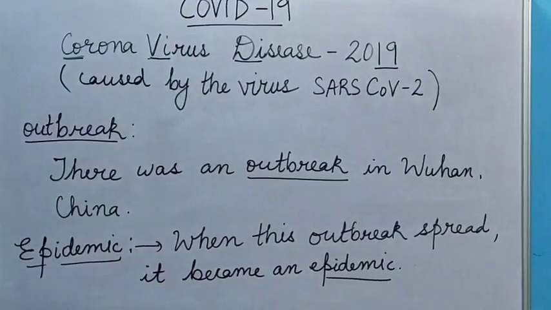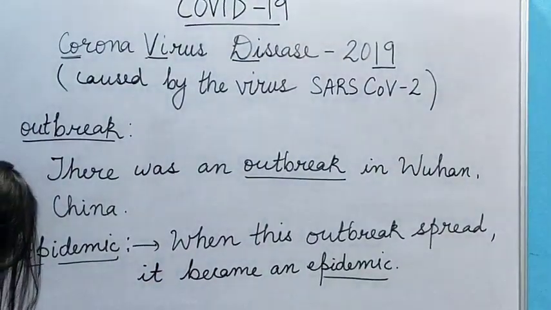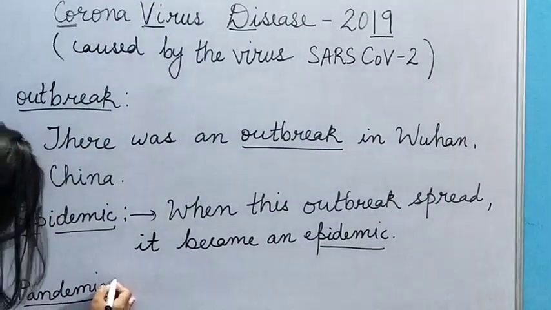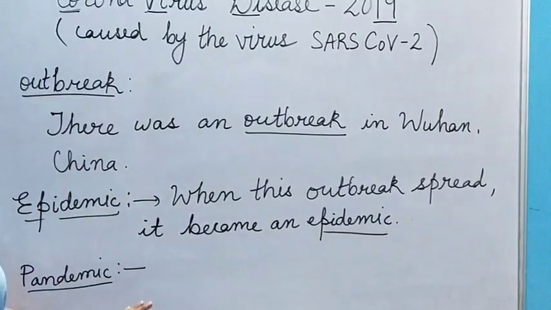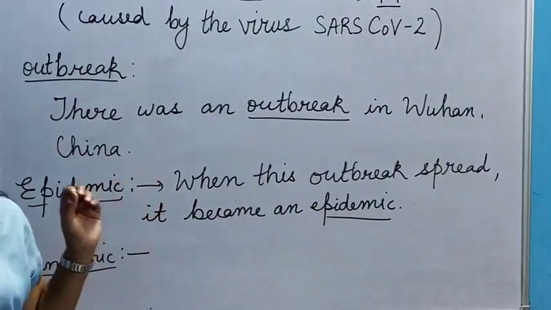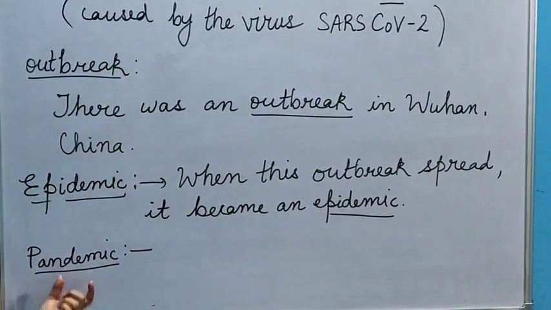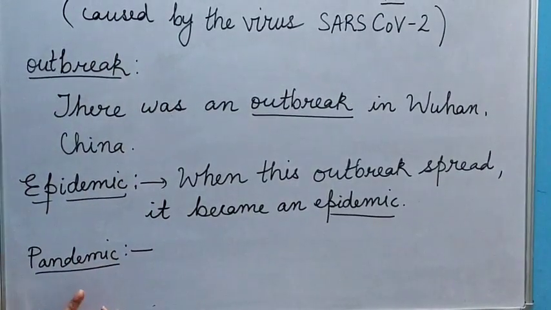And the third word was pandemic. Very important word which you all must be hearing in everyday news. Pandemic. This COVID-19 is termed as pandemic. How can we use this word in a sentence?